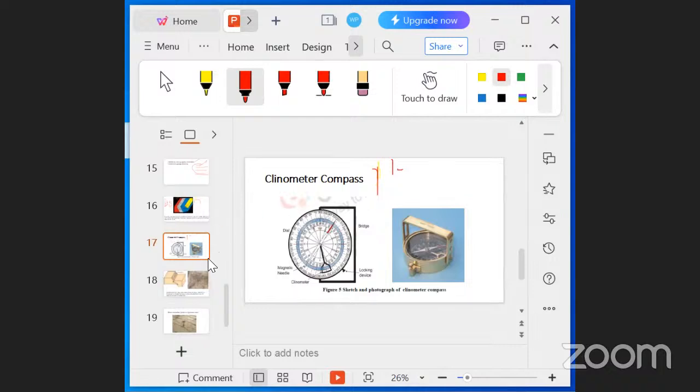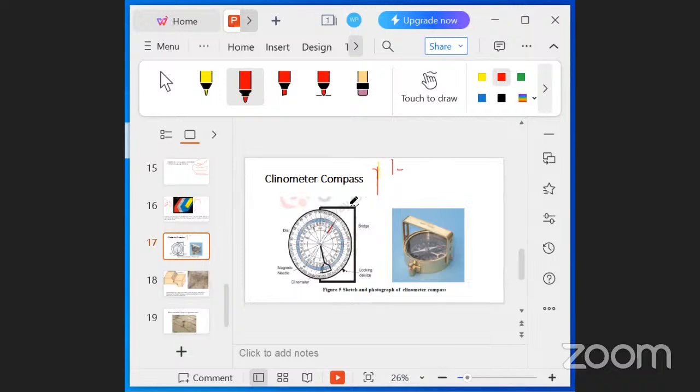Dip is measured at right angles to the strike, and it is simply the amount of tilting, or in other words, the angle at which the rock layer is inclined from the horizontal, right? So the amount of dip of a bedding plane varies, right?